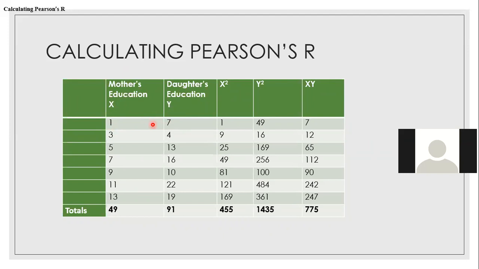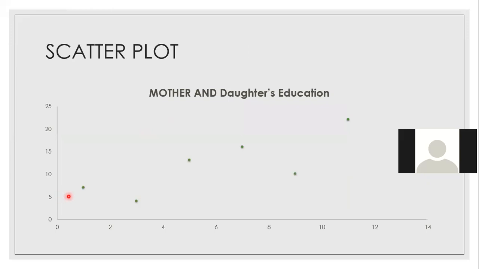So you have pairs of values. Specifically here, you have 7 pairs of values. And so you can see that at the first point, which we can call point A, the value of the mother's education is 1. The value for the daughter's education is 7. We're using a scale of 2 on our x-axis and a scale of 5 on our y-axis.